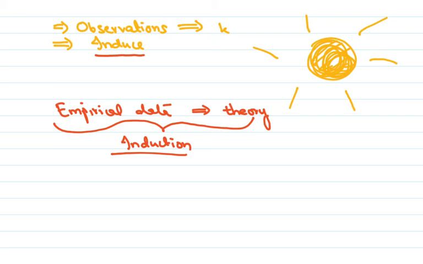There's no obligation really. In logical terms, it's not necessary that the sun will rise again from the east tomorrow. It might rise from the west. So this is a problem. This is basically what we call the problem of induction.